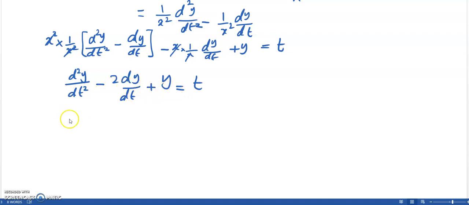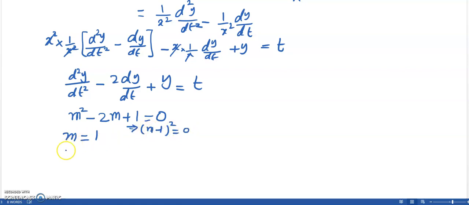So for this we immediately know that the characteristic equation is m square minus 2m plus 1 is equal to 0 for the homogeneous part. The double root is 1, because it is like m minus 1 square is equal to 0, so m is equal to 1.